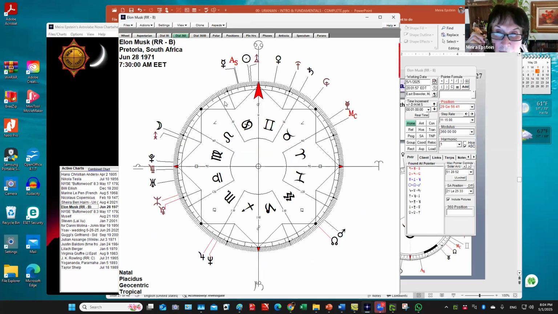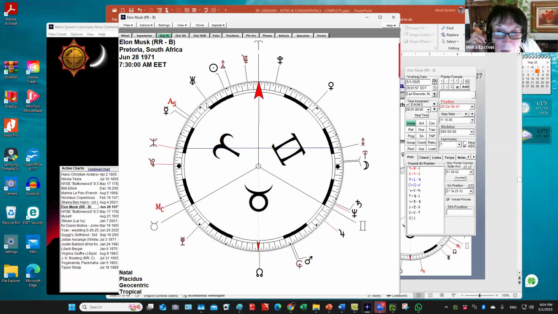Remember we saw the node here is the octile, you see that? And the Aries point? This is the same thing, but now it shows like this. And I don't need to know if it's a 45, it's a 135, it doesn't matter. It's an octile, it's an exact aspect, and this is what matters.